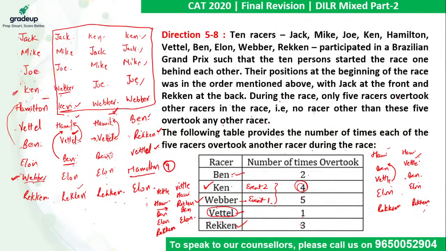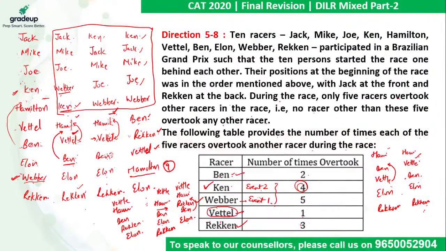So इसके बाद Ben will again overtake Raikkonen. All right. So it will become Vettel, Hamilton, Ben, Raikkonen, and Eon. So Raikkonen has only one more overtake left, right?